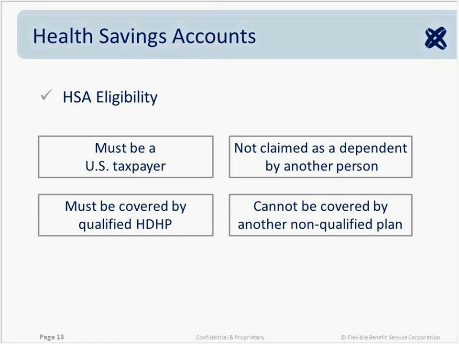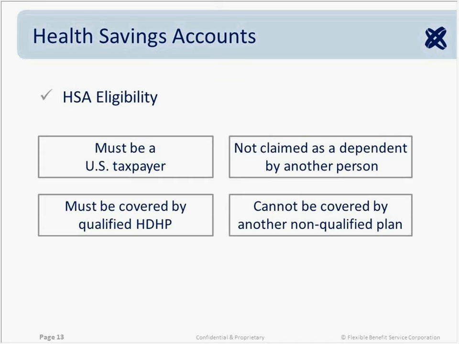Now, I did mention that HSAs can only be established if certain criteria was met, and there's 4 general eligibility criteria. First, in order to participate in a tax-free account here in our country, you must be a U.S. taxpayer. Second, you must be covered by a qualified high-deductible health plan, also referred to as an HDHP. And we're going to discuss what that is here in a few moments. Third, you cannot be claimed as a dependent by another person.